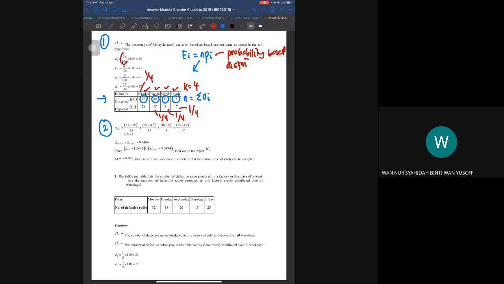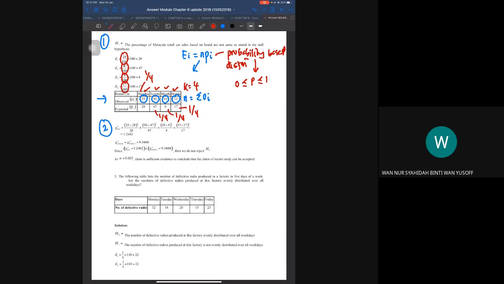This one we cannot use as it is, because pi is a probability. We discussed this when we discussed proportion in chapter 3: probability means a value from 0 to 1 only. It cannot be more than 1 or less than 0. If more than 1, it is not probability; you might have frequency.